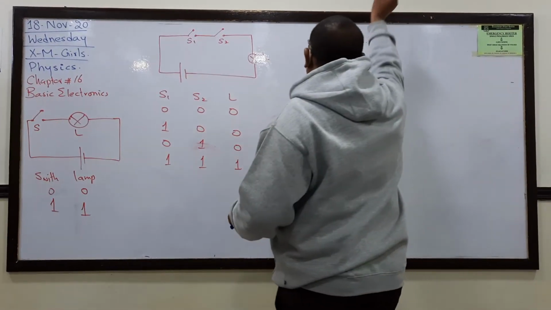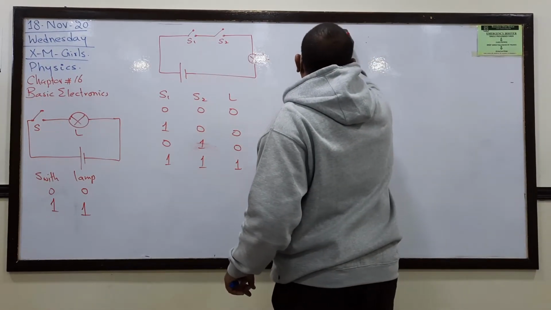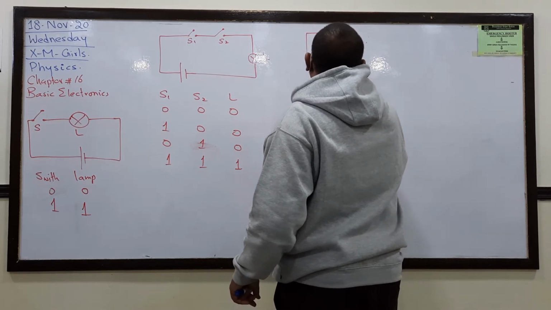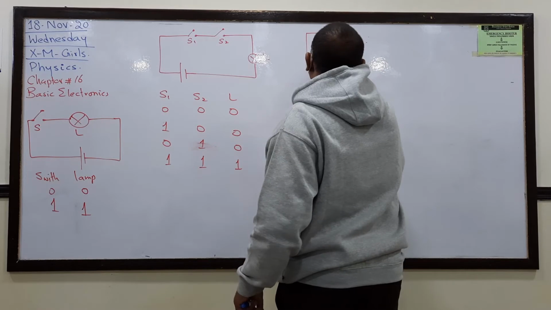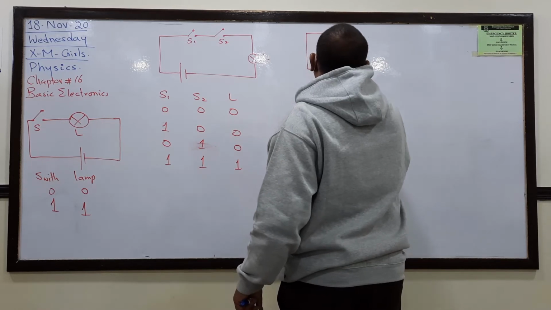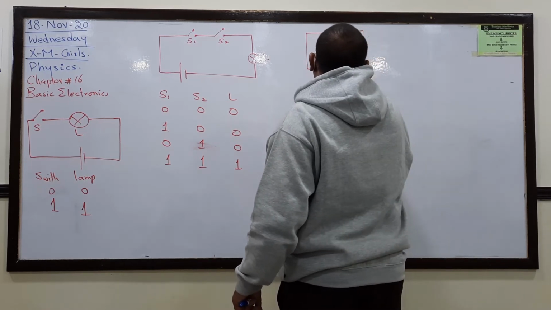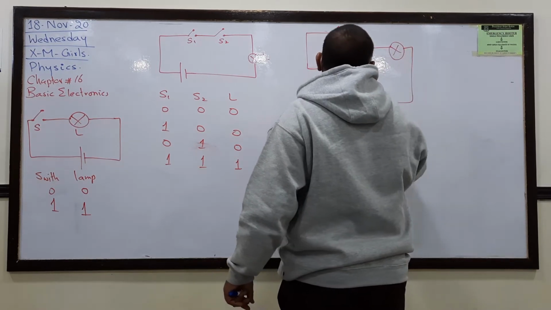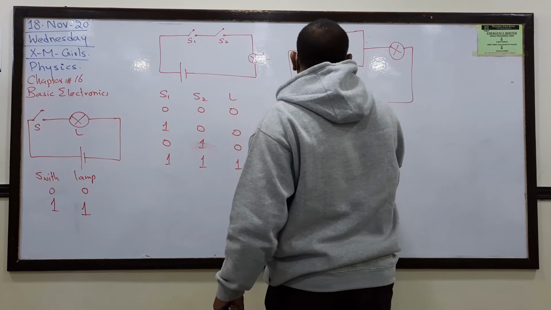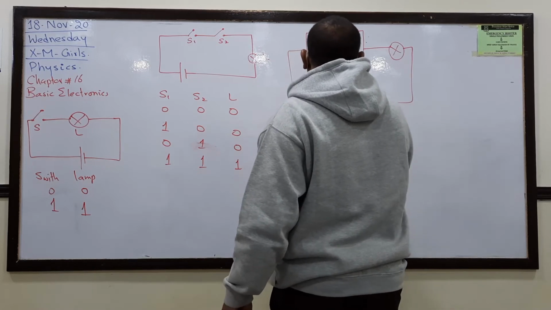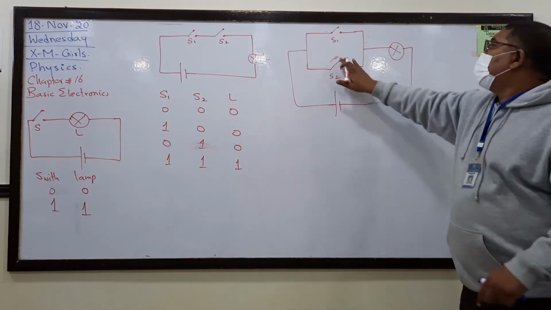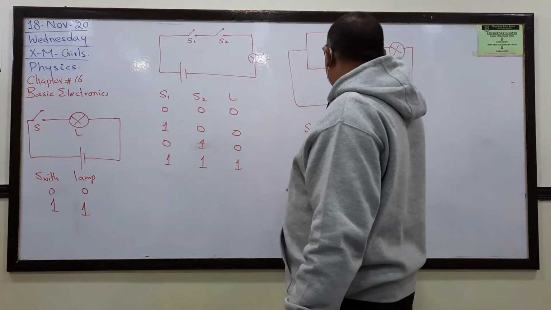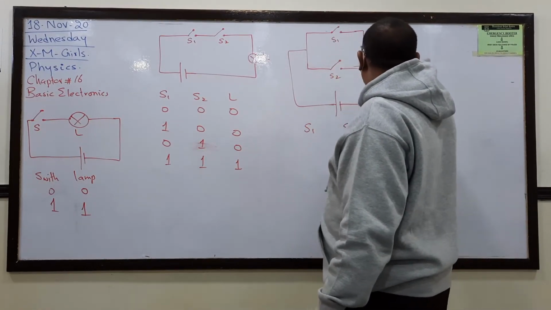Now, suppose I have switch number 1 and switch number 2, and here we have a lamp, connected with a battery. Let's see what happens here. Switch number 1, switch number 2, and the lamp.